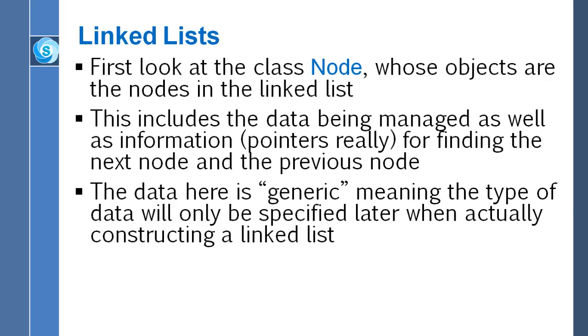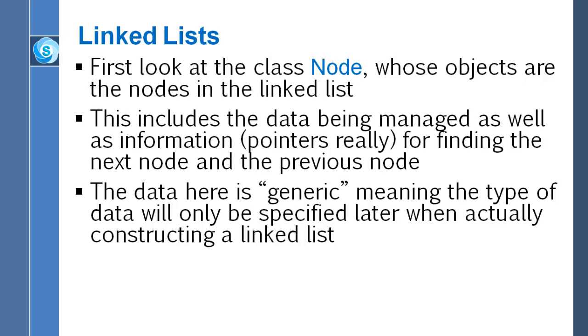Now, there's another aspect to the code here that may be alien to you, whether you're a C++ or Java programmer, and that is the fact that when you look at the node class, you'll see that it involves data with a capital D, and that's actually the data that's going to be stored inside the node, and it's set up to be generic. Generic meaning that at this point in the code, we're not specifying the type of data that's involved.